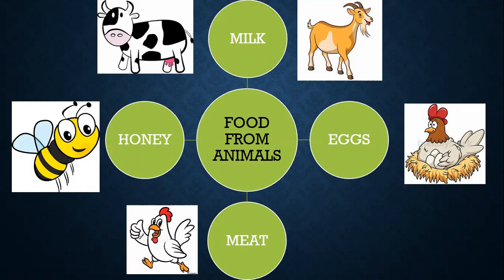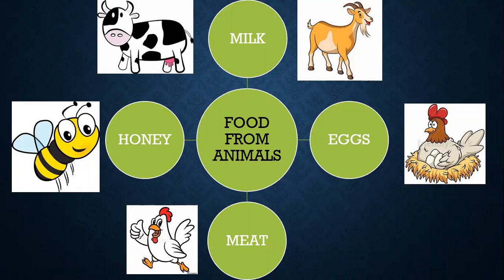We get milk from cows, buffaloes, and goats. Milk is also used to prepare butter, cheese, ghee, curd, and ice creams. And you know, milk is a rich source of calcium. And it's also called a complete food.